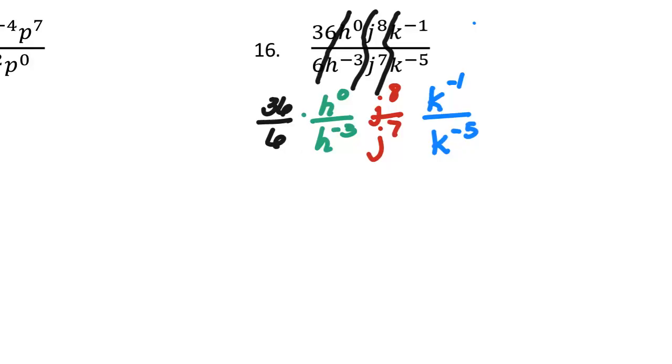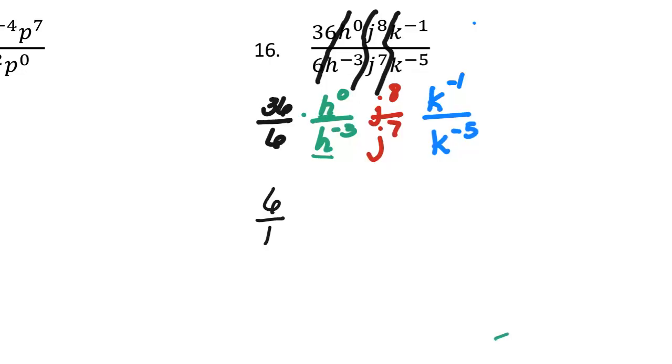6, right? If you're not sure, you can use your calculator, and that gives you 6. For right now, I'm going to put it as 6 over 1 because there might be something in the denominator. H to the 0 divided by h to the negative 3. This is division where I have the same base.